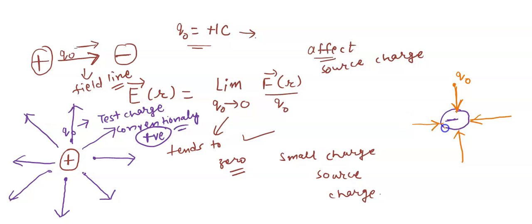So you can see that all these electric field lines are moving towards the negative charge. And the reason is again that this test charge is a positive charge. Okay, so this is how you can draw the electric field lines around positive and negative charges.